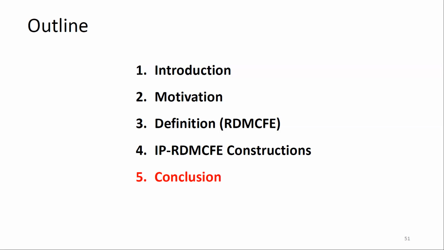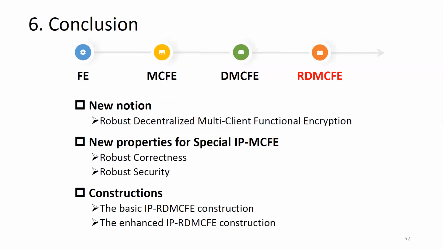Now I will summarize my talk. Based on the previous work, we introduced a new notion, robust decentralized multi-client functional encryption, which achieves the robustness of DMCFE. Furthermore, we introduced two new properties for special DMCFE.